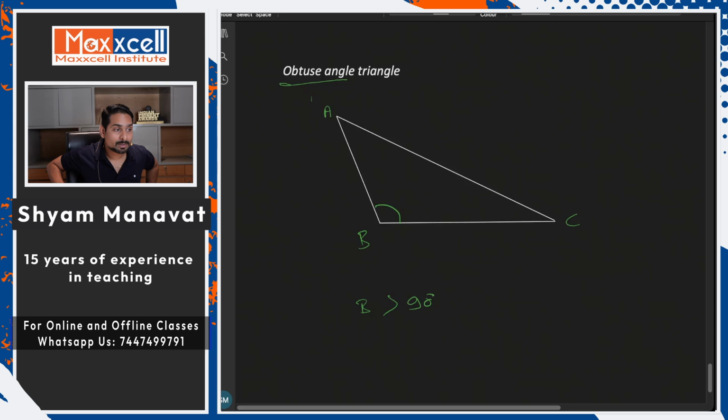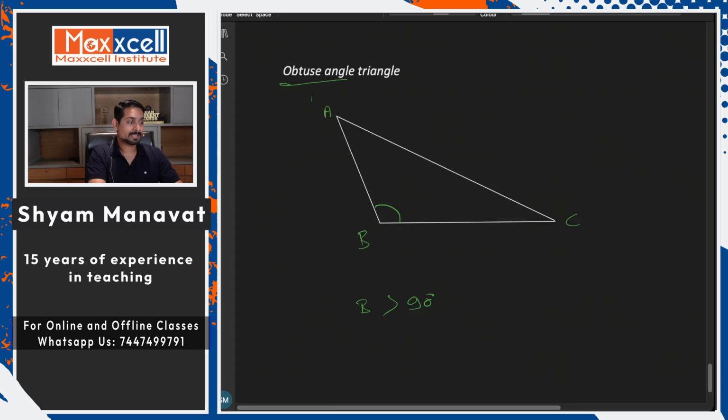Okay, question. Is it possible to have more than one angle to be 90 degree or more than 90 degree? It is not, because if two angles are more than 90 degree, the sum of the two angles will be more than 180 degree. Then it's not a triangle. It's not following the basic property of a triangle.